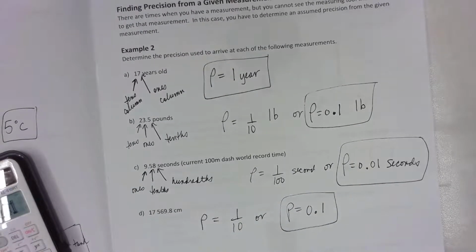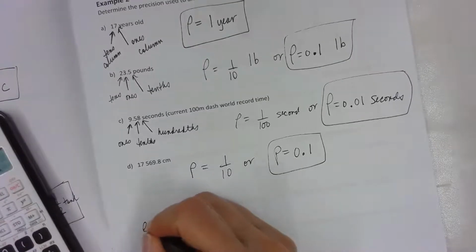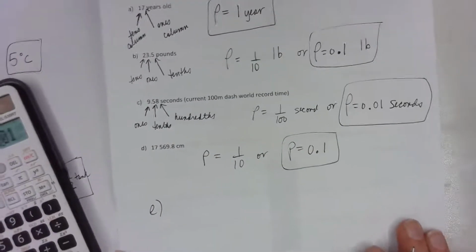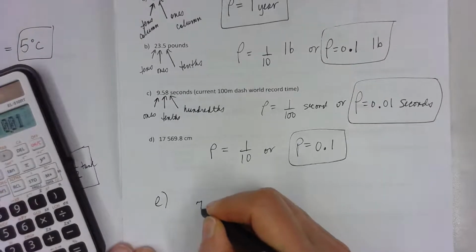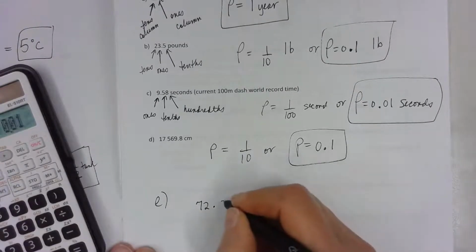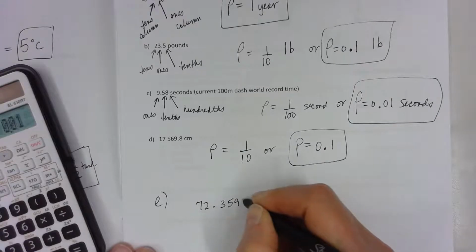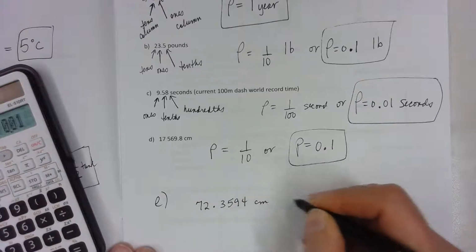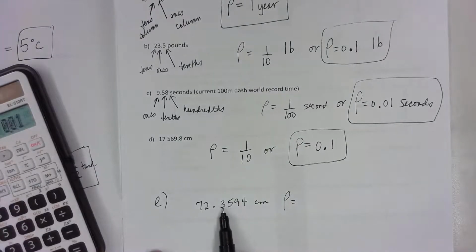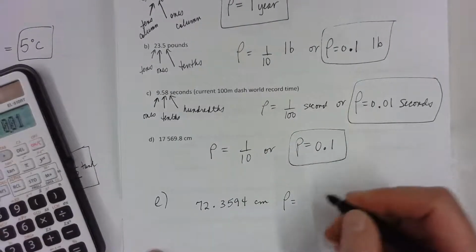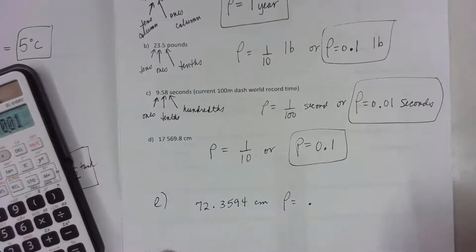So, for example, let's say I'm going to do one more example. Let's say I had a number 72.3594 centimeters. The precision would be equal to, I just count my number of decimals, 1, 2, 3, 4. That's how many decimals I have to have represented.